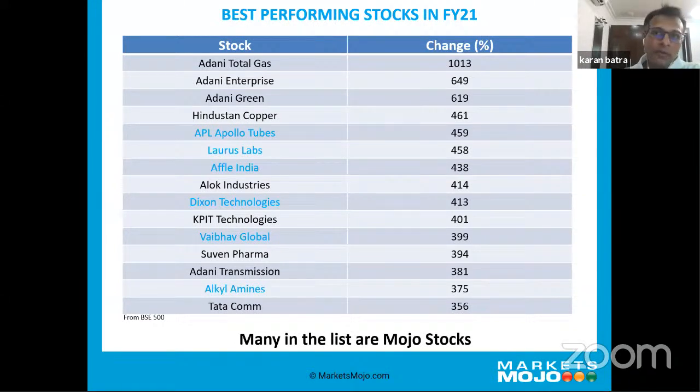People have made money, but in our system, they do not come up as a good quality company, and that's why they are never recommended. So if you remove Adani Group companies, out of the 11, 6 stocks were Mojo stocks at different points of time. If you see the bottom 10 stocks in the BSE 200, none of the stocks was a Mojo stock at any point of time. So we were able to catch the winners and we were able to avoid the losers.